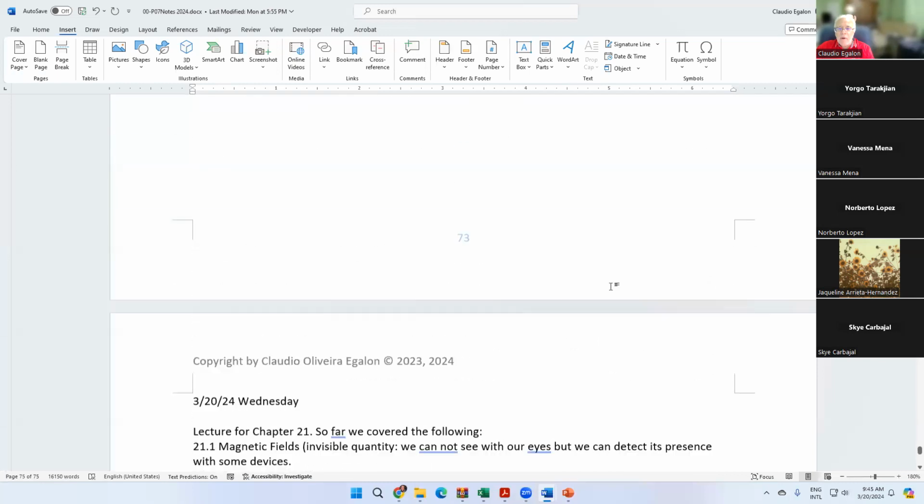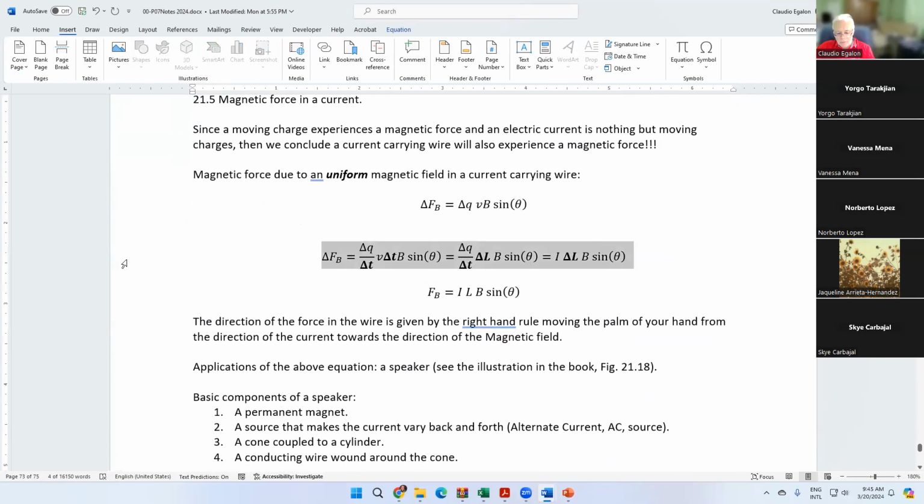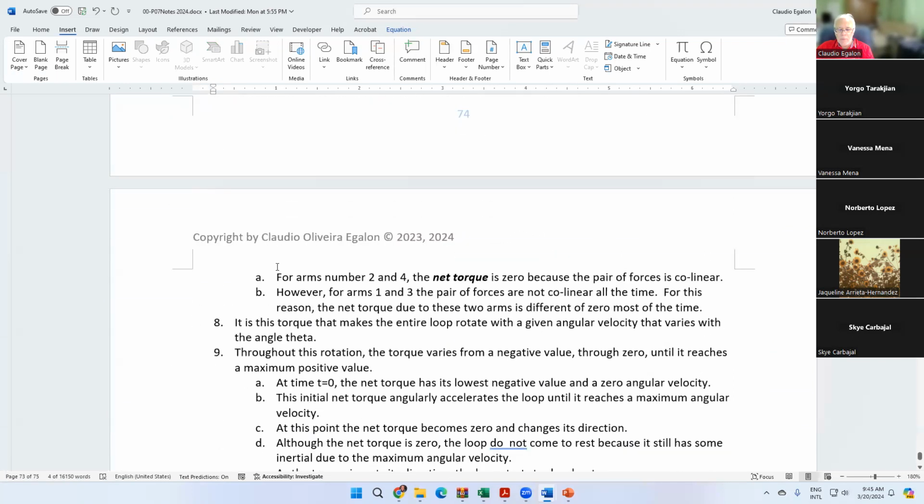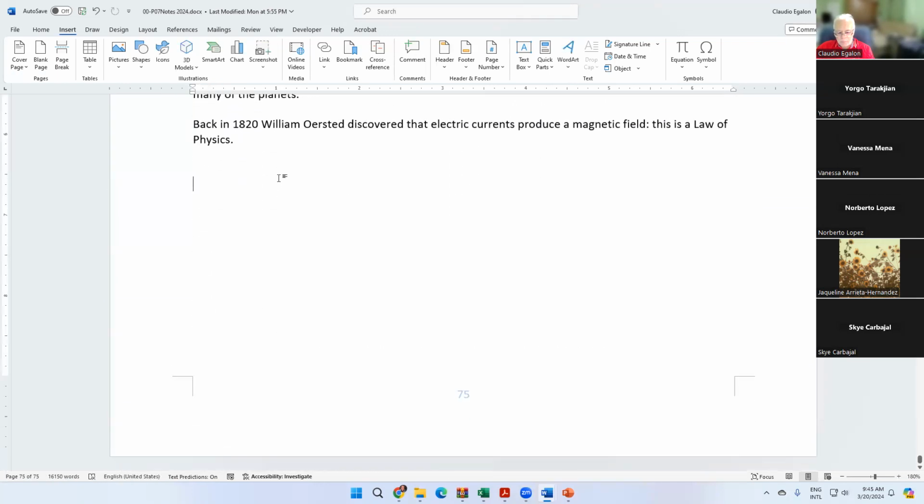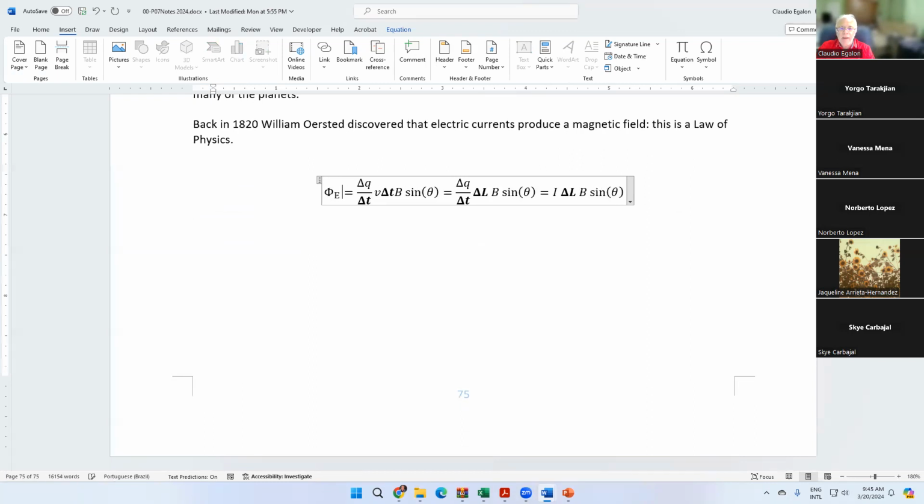Let's go get our equations here. The first one: the electric flux is equal to the charge enclosed by a Gaussian surface divided by epsilon naught.